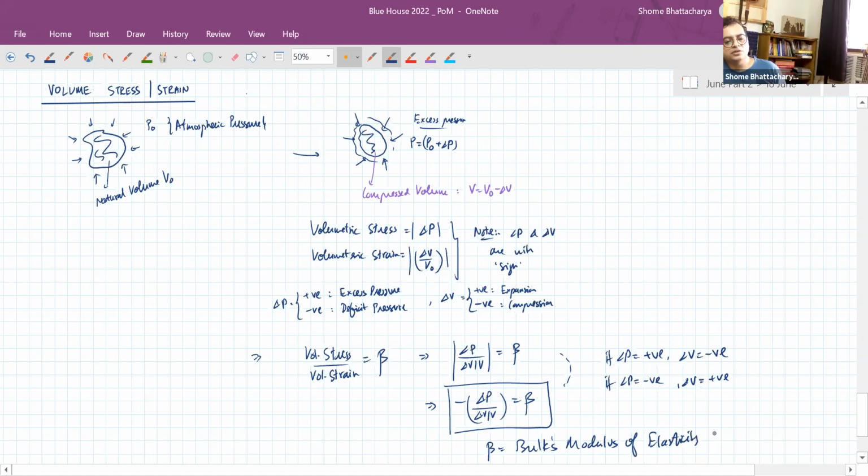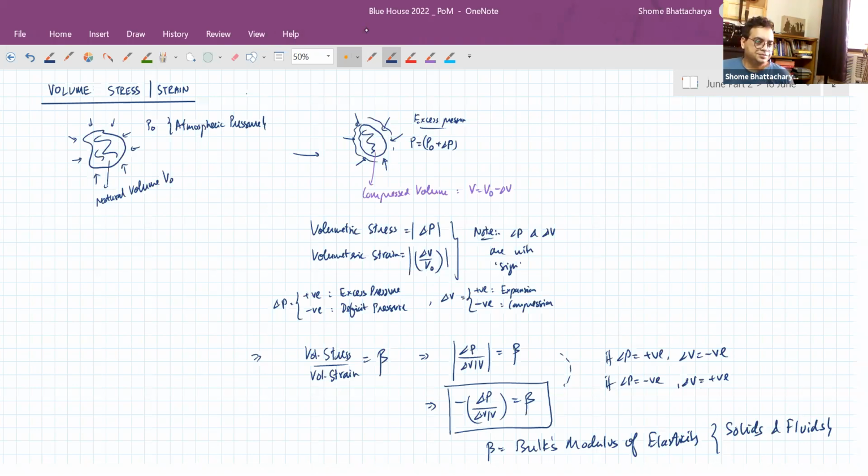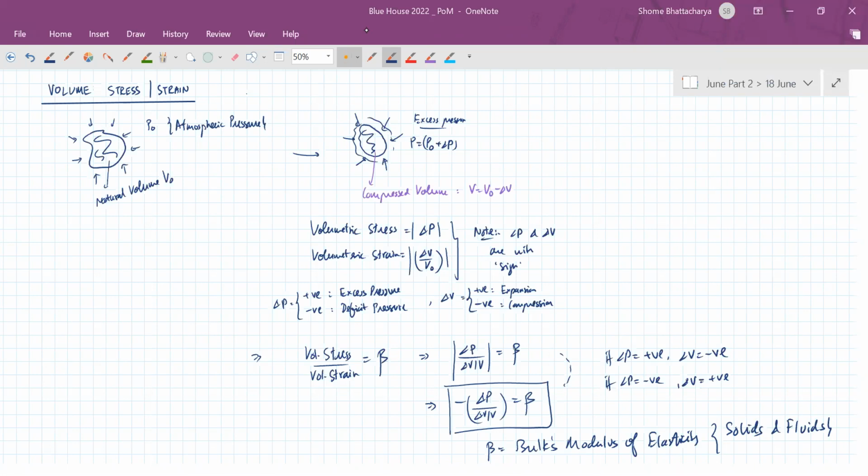And this is a property which we'll see not only for solids, but fluids also, including gases. In thermodynamics, you would have noticed there are some questions in your module, not in HC Verma, which are related to the bulk modulus for a given type of process. So we'll see how we define it. In solids, the bulk modulus is a constant quantity, and the ratio of volume stress and strain is constant up to the elastic limit of volumetric stress.